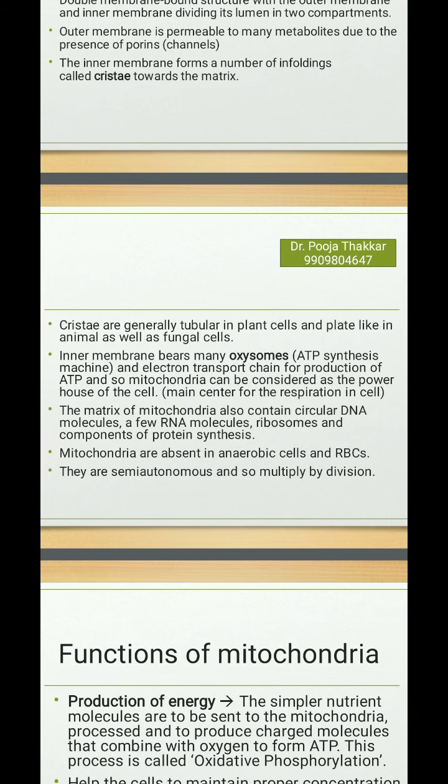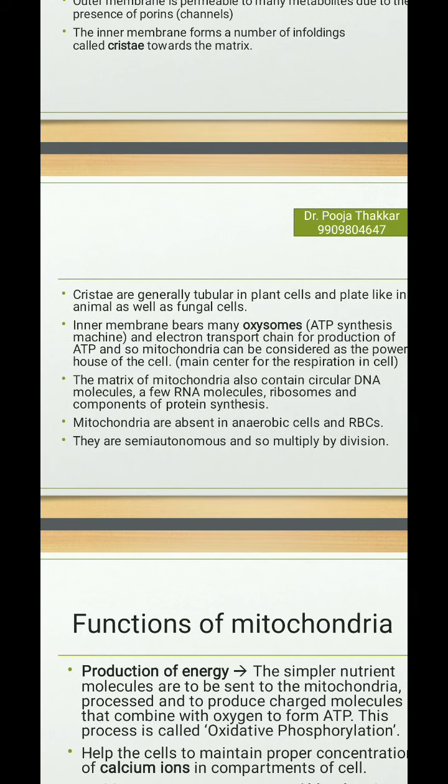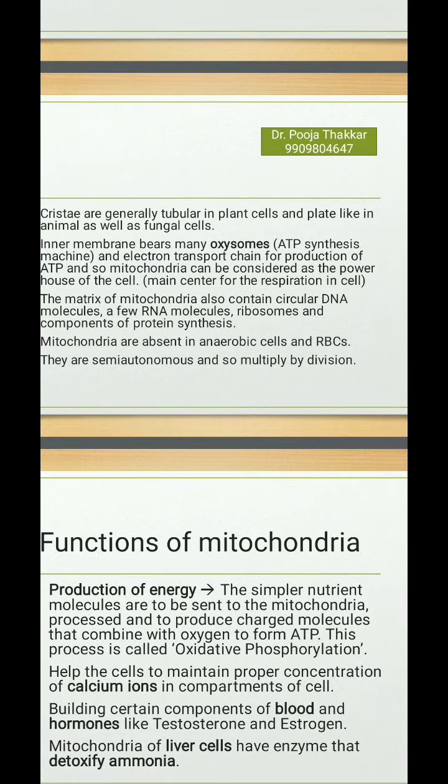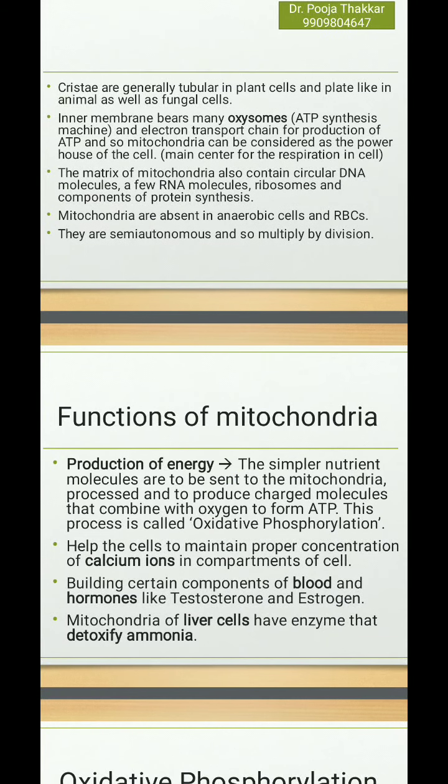But occasionally, during the course of evolution, these aerobic bacteria got engulfed, or entered into the developed eukaryotic cell, and then they are called mitochondria, and they became the permanent part of the highly developed plant cell as well as the animal cell.